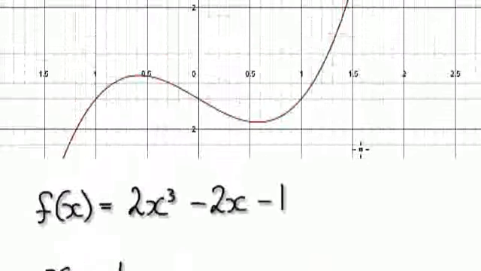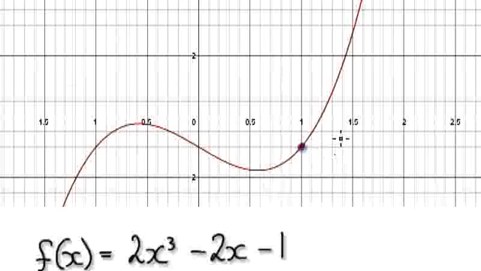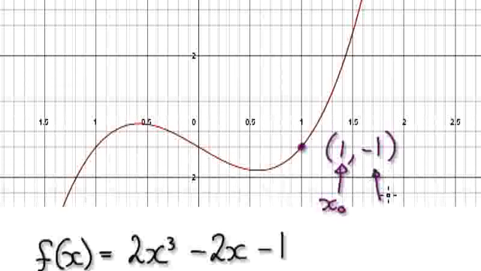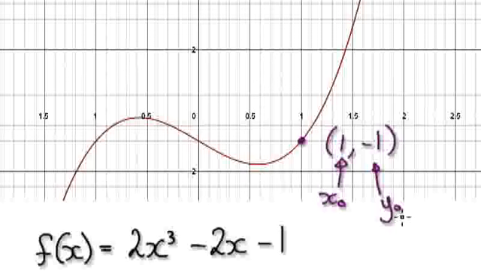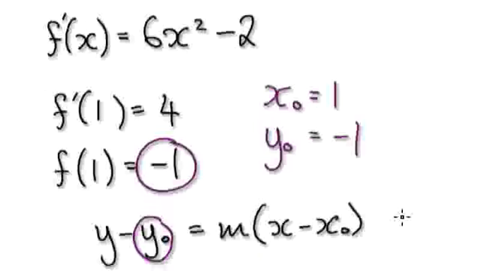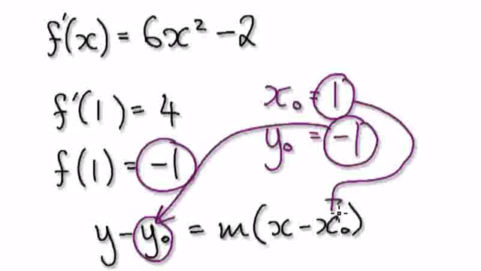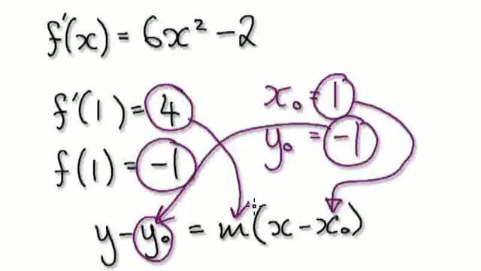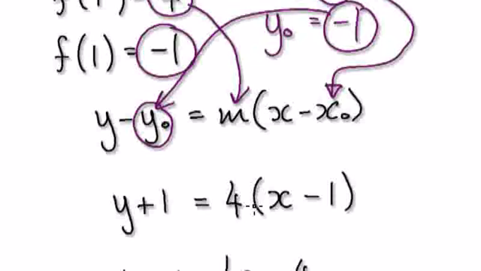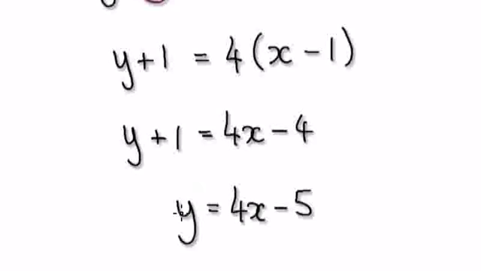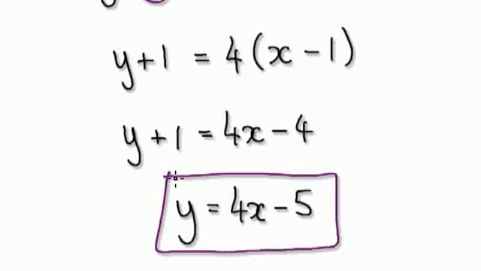Looking at the diagram, the coordinates of this point are 1, -1, where this here is y0. So now you can put this into here, and the gradient you know is 4, so you put that in too. Now you've got everything, you just need to rearrange it, and this here is the equation of the tangent line.